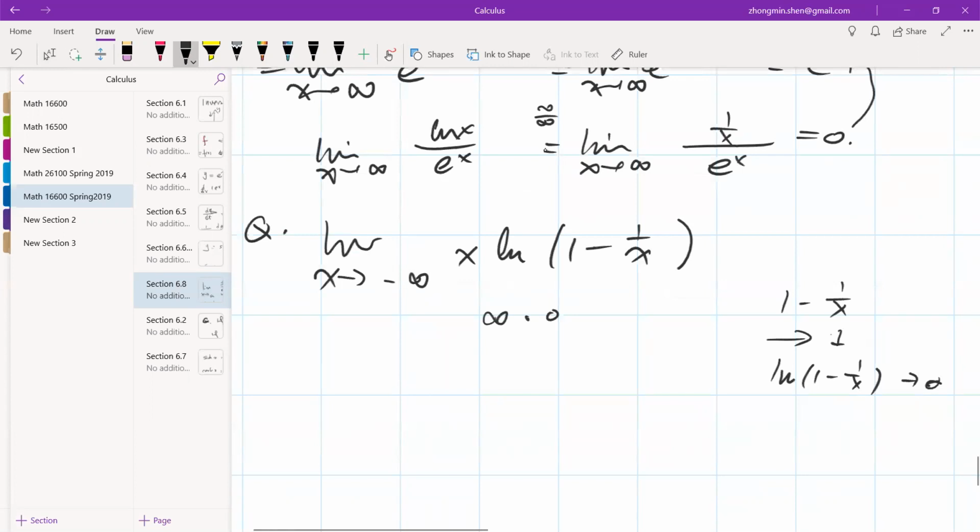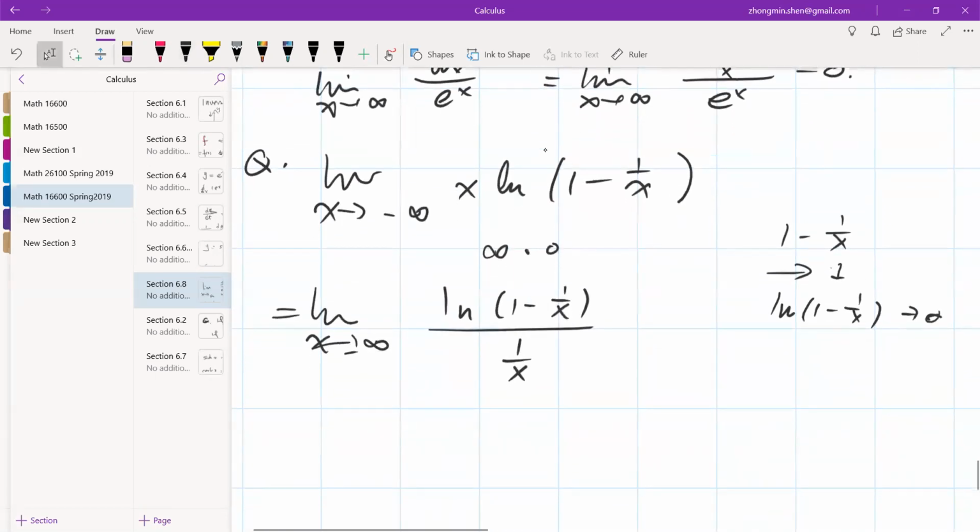We can modify it to use L'Hopital's rule. I'm going to modify it in the following way. Once I express it in this form, I have to use a substitution. Let u be 1 over x.